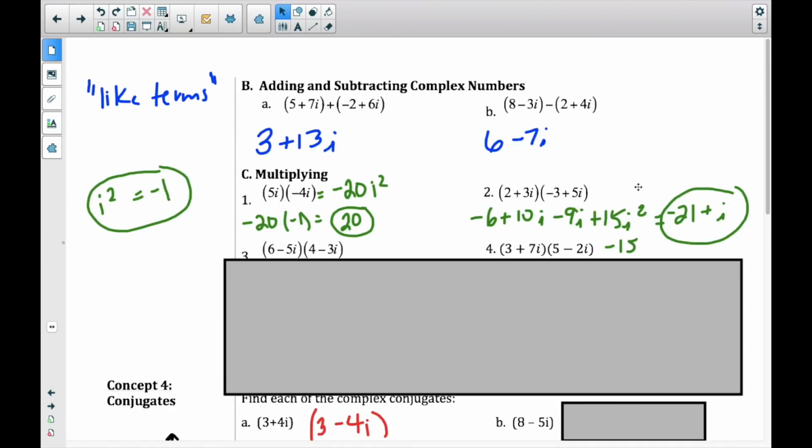We just talked about how i squared is -1, so 15i squared is equivalent to -15. Now I'm going to add my like terms again. I have a -6 and a -15, which combine to be -21. And I have a 10i minus a 9i, and that adds up to be +i.